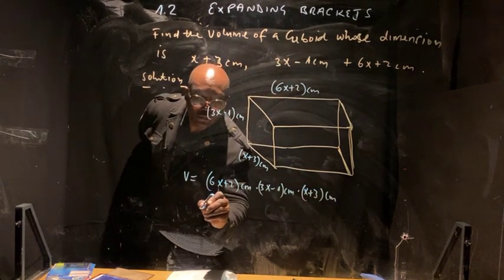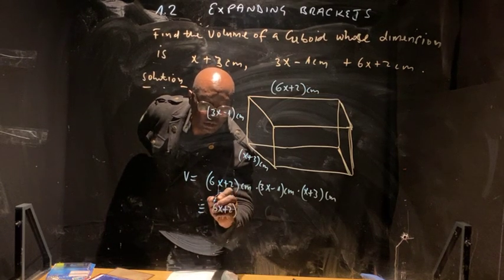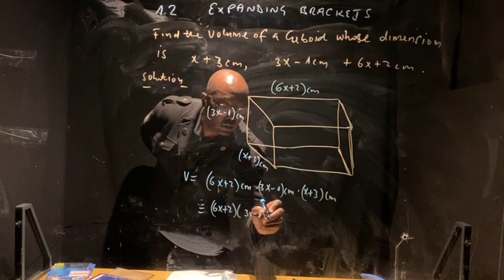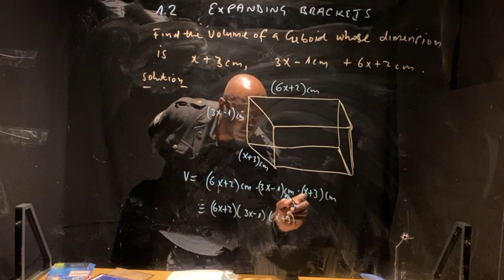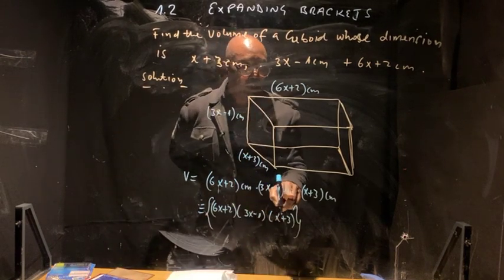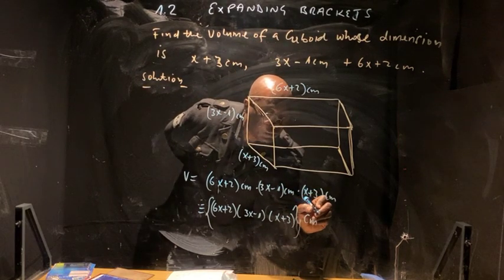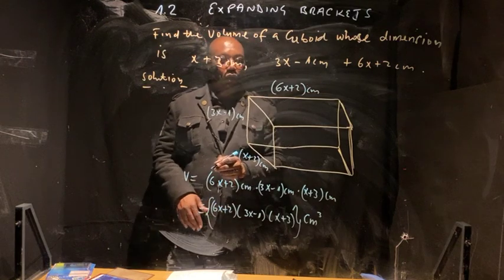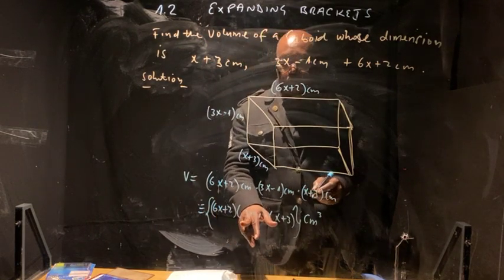Volume is equal to 6x plus 2, 3x minus 1, x plus 3, centimeter multiplied to centimeter multiplied to centimeter is equal to centimeter raised to the power 3, which is called centimeter cube. Then we do a systematic expansion.